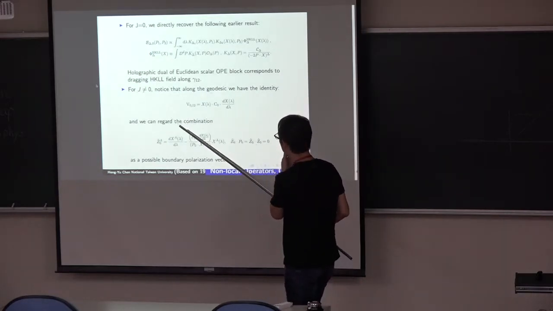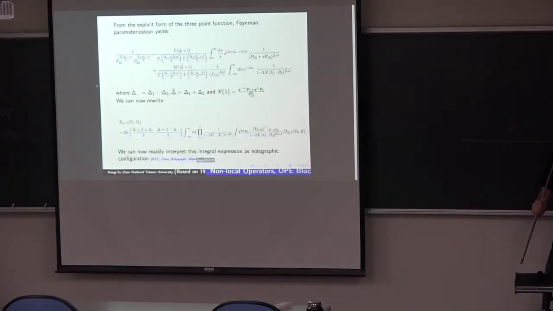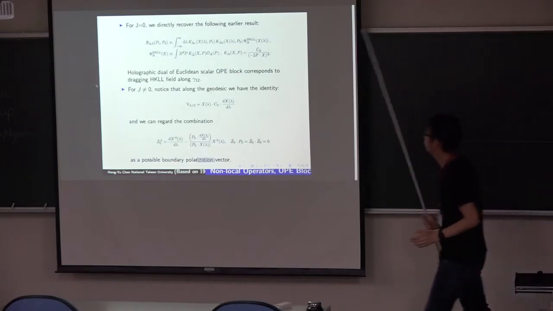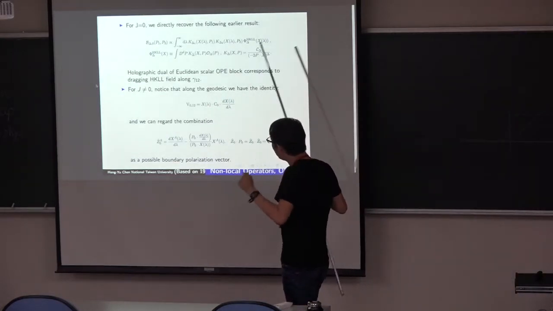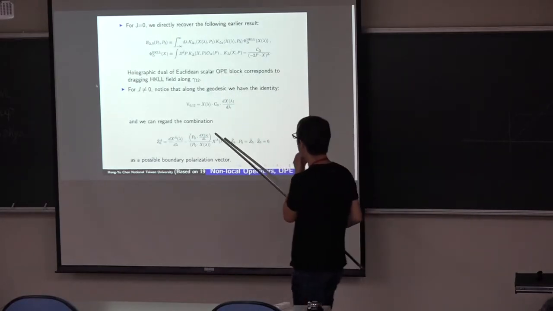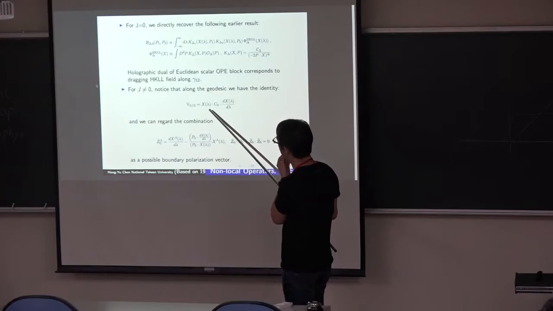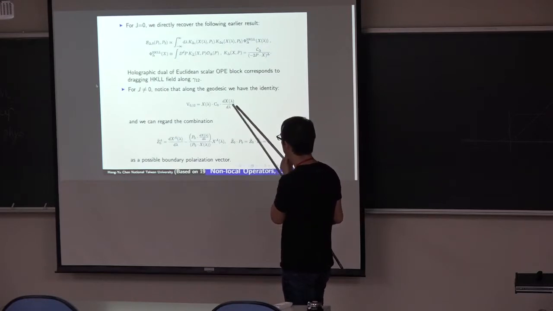So what we noticed was that this combination V012, which was really the tensor structure, can be written precisely along the geodesic. That's the point. We can rewrite it as a combination of this geodesic line, its derivative, contracted with this antisymmetric tensor.